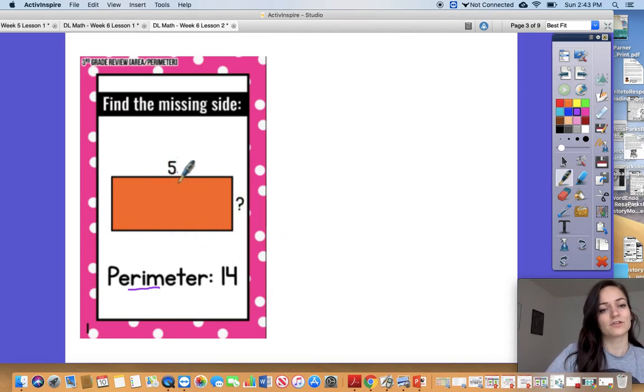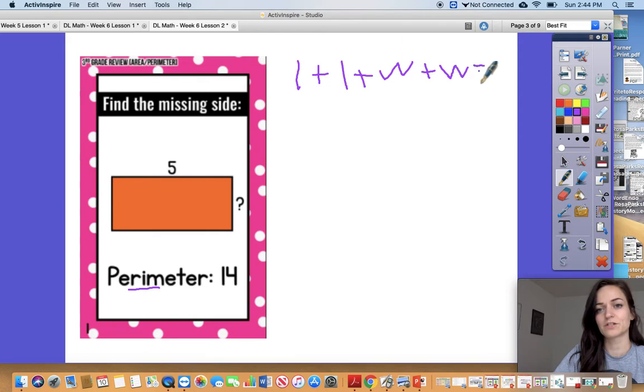So let's find the first one for perimeter. For perimeter, we're doing length plus width, and that will give us our perimeter. The first step is just to fill in what you know. I know the length is 5, and if this side's 5, then the opposite side is 5 as well.